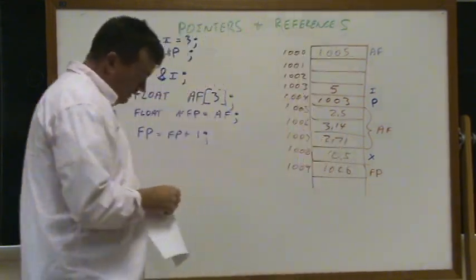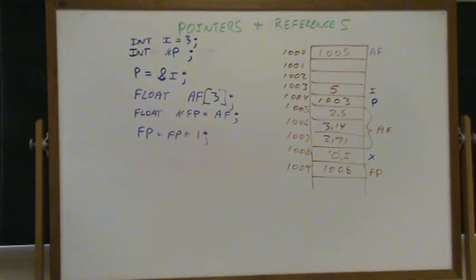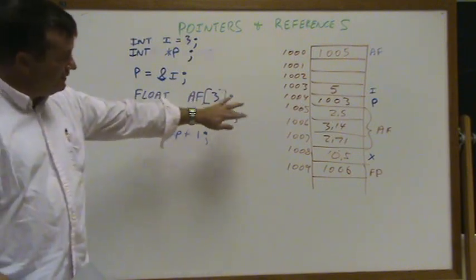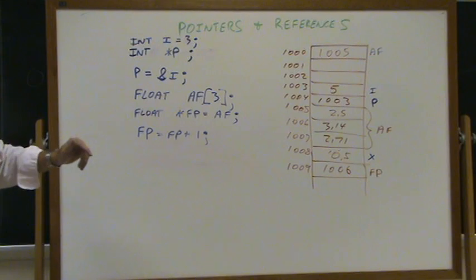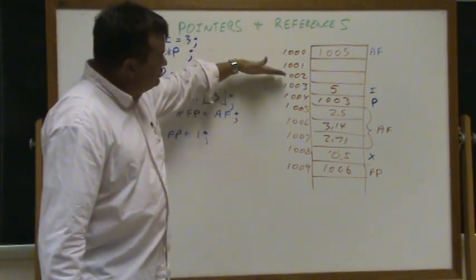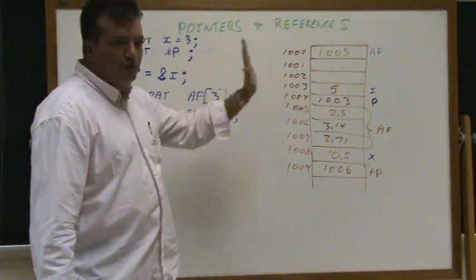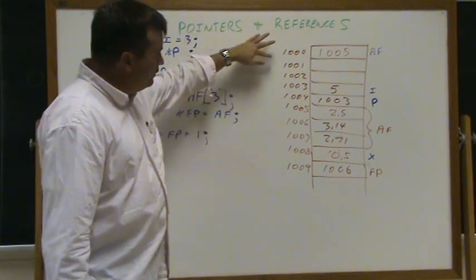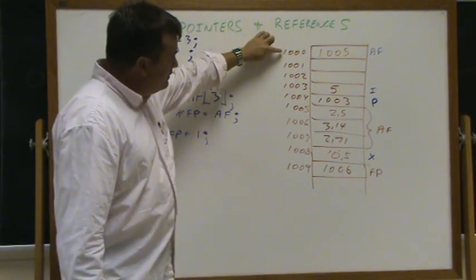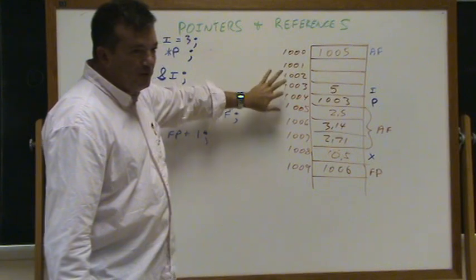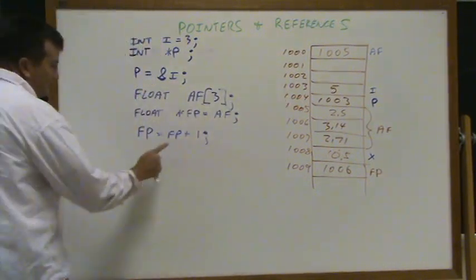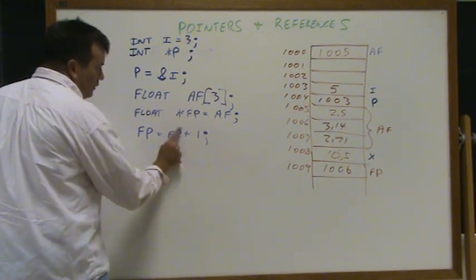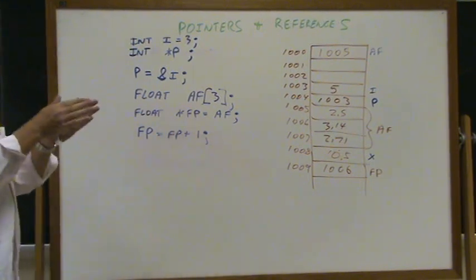Now, one thing, just as a side, I'm using kind of a shortcut with these numbers, because I want to illustrate the point. I think it's easy to follow the point this way. These memory locations generally are in sets of like 32 bits, so these numbers are maybe 32 bits apart, or 4 characters each. And when we say I want to add 1 to a floating point pointer, it's whatever the size of the object is.